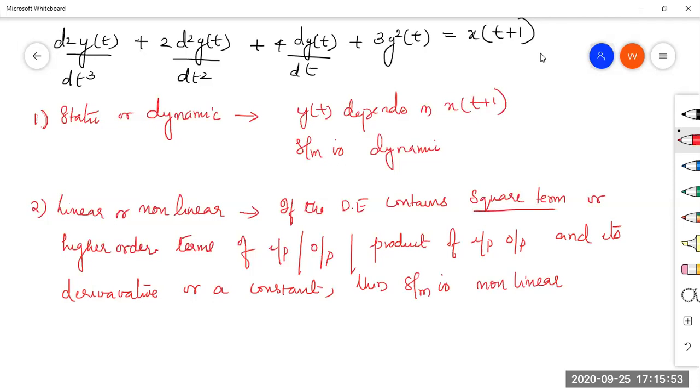So if you have a square term, higher order terms of either input, output, product of input, output, and its derivative, or if you have a constant term, then the system is definitely a nonlinear system.